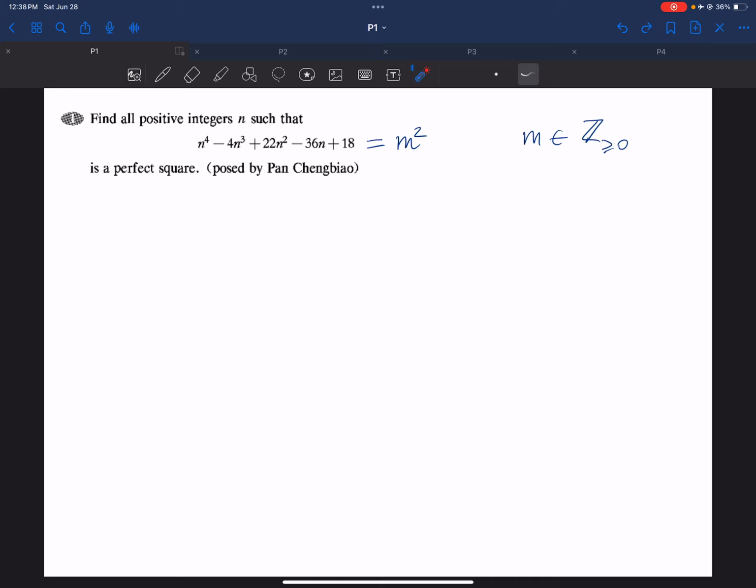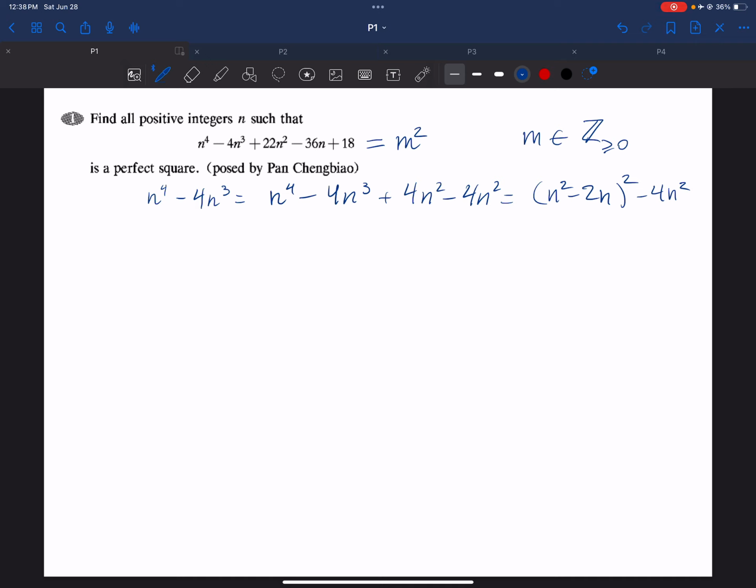What I mean is that I can write n to the fourth minus 4n cubed as n to the fourth minus 4n cubed plus 4n squared minus 4n squared, which in turn becomes n squared minus 2n squared minus 4n squared. Okay. Let's see if it's useful.